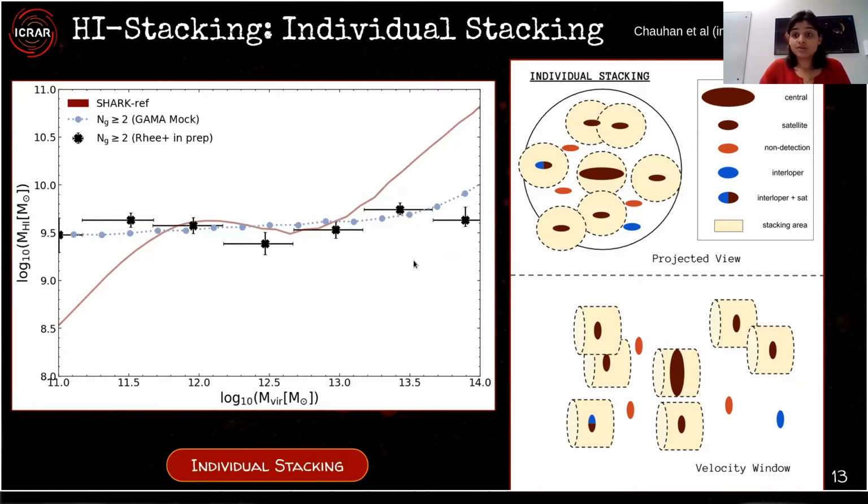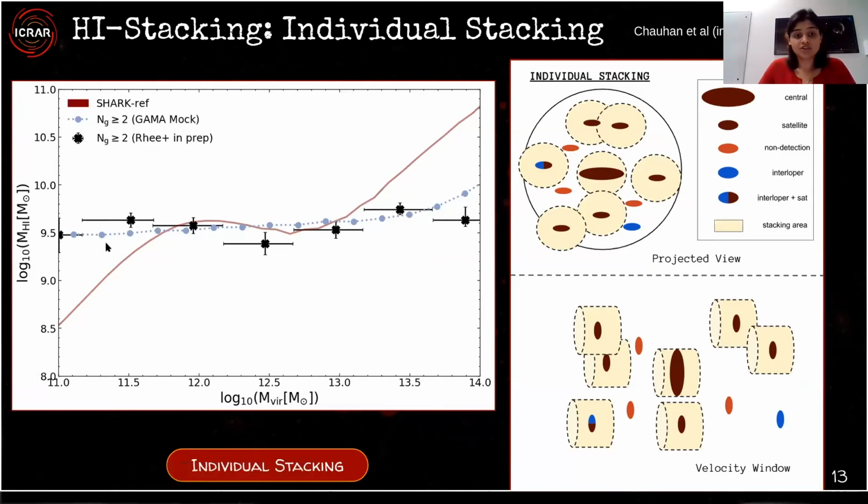But one thing that actually made us more intrigued about this entire process was that no matter how many changes we made to the stacking procedures, for example, in the group stacking, if we change the velocity width of the stacking window, or if we change the aperture that we're looking at, or slightly alter the velocity window or the apertures, it would change the lines to go slightly above or below, but it doesn't change the shape.